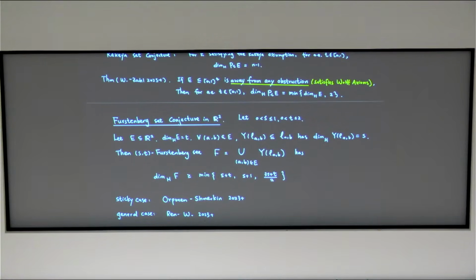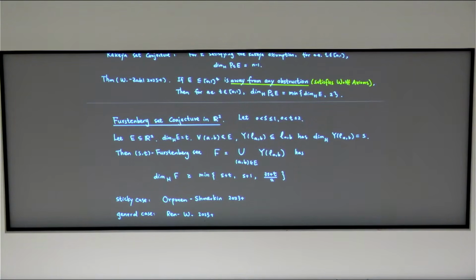But this turned out to be very technical if you want to incorporate all parameters, like if you want to quantify how non-concentrated it is. And then it turns out that the Wolff axiom is a much simpler sort of model or subset.